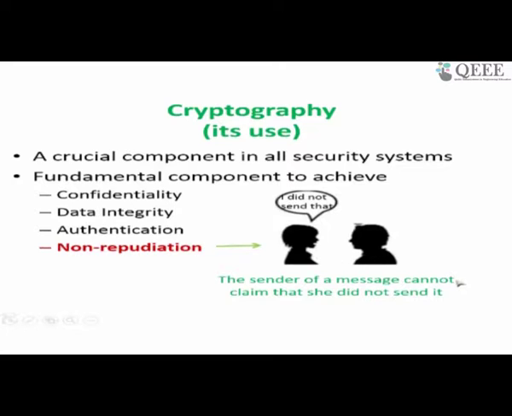A nice example of this is, let us say that you have sent 100 rupees to some person, and after 5 or 6 days you state that you have not sent 100 rupees but you have actually sent 1000 rupees, right?